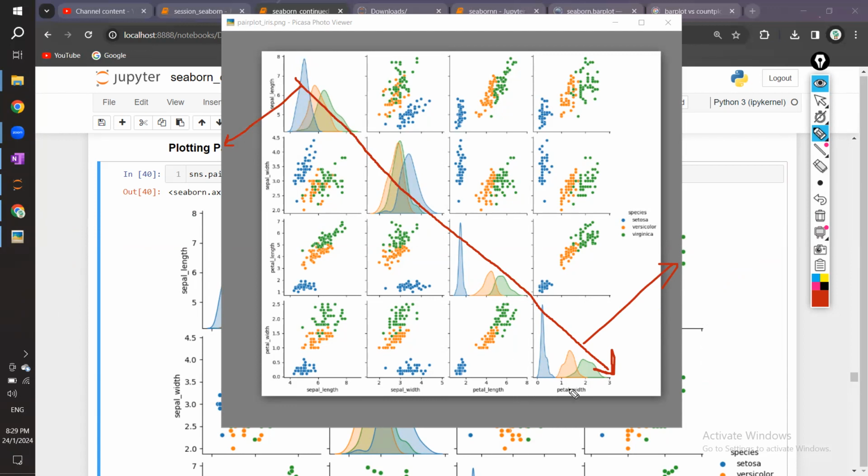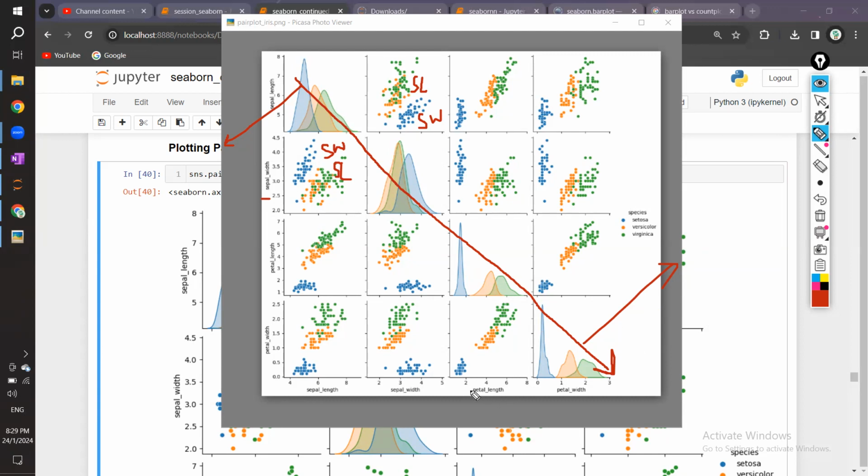For example, over here this is sepal length and sepal width. Now what is this? This is also sepal width and sepal length. Same, just the x and y are changing. So the graphs above the diagonal will be similar to the graphs below the diagonal. Only the axes will be changing.